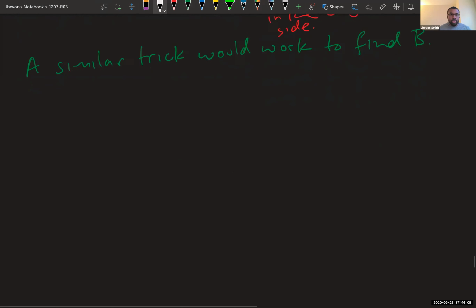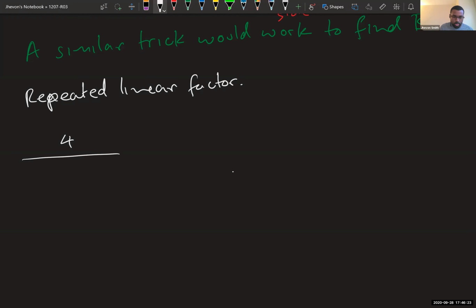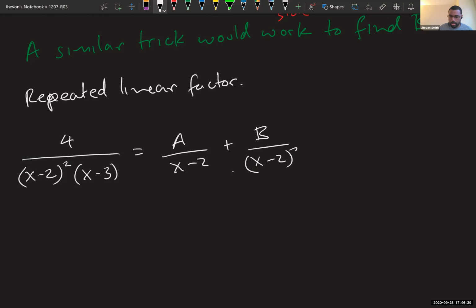Let's say you had a repeated linear factor. Let's say you had 4 over x minus 2, and let's make that squared, and x minus 3. This would break down into a over x minus 2 plus b over x minus 2 squared plus c over x minus 3.